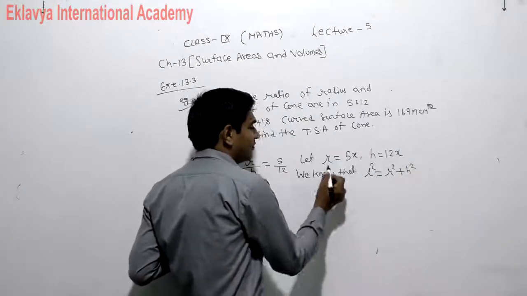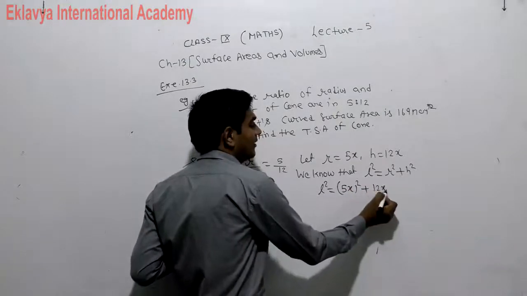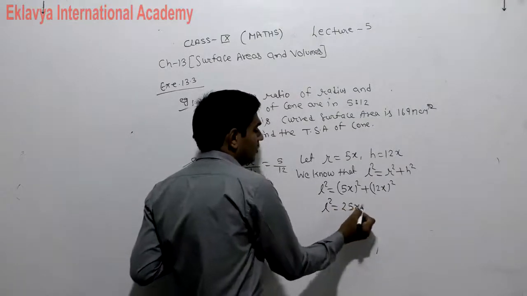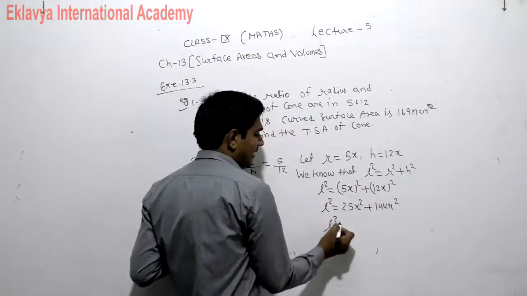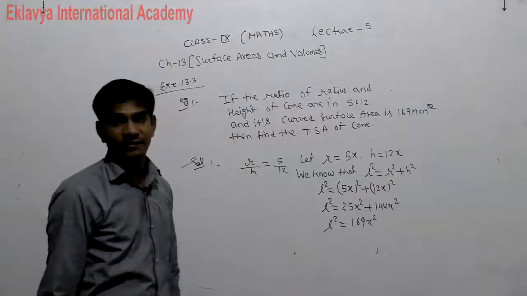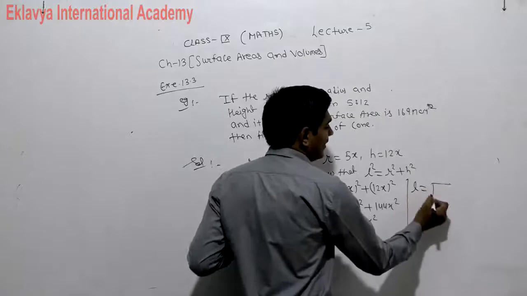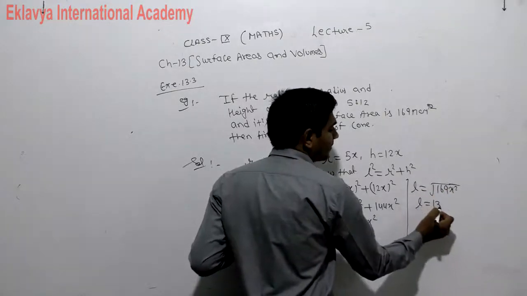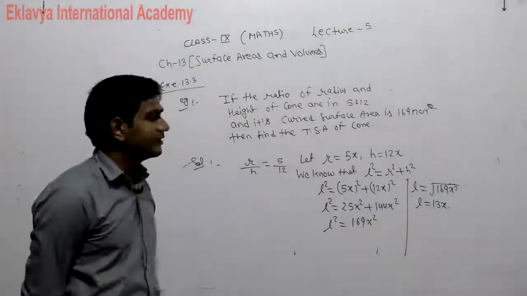So l square equals 5x whole square plus 12x whole square. l square equals 25x square plus 144x square, so l square is 169x square. That is the value of l square. So from here, what is the value of l? Under root 169x square, which will come 13x. Right? What is the value of l? 13x.